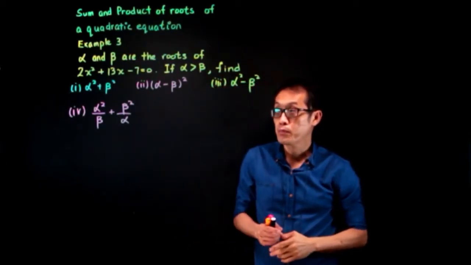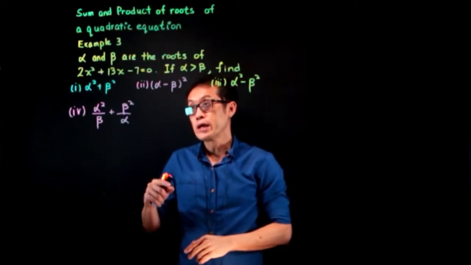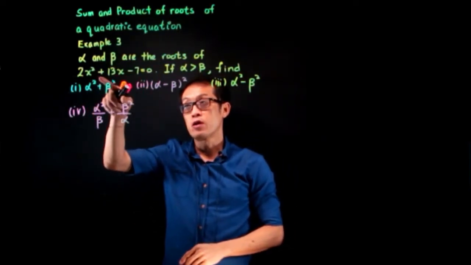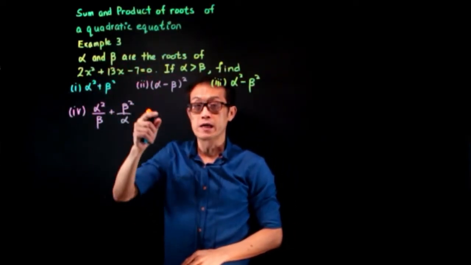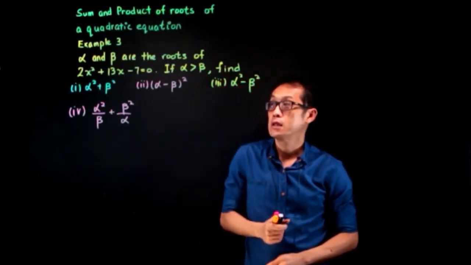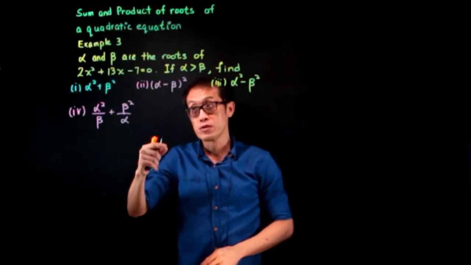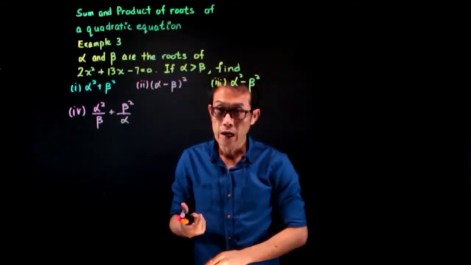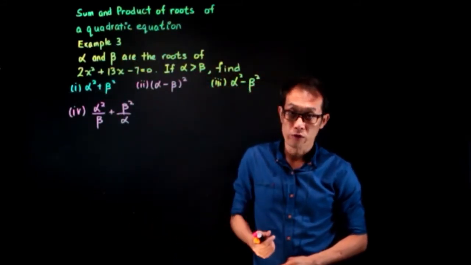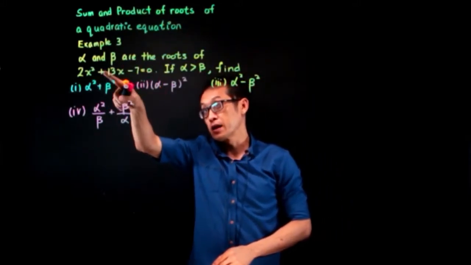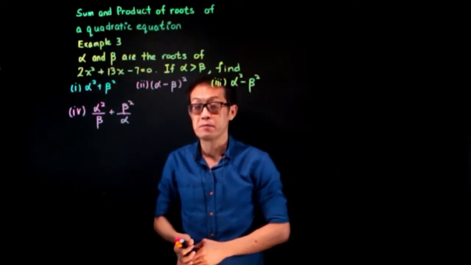Now, one way of doing this is you can solve this quadratic equation. How to solve this? You can either complete the square or you can use the quadratic formula. I don't think this expression can be factorized.